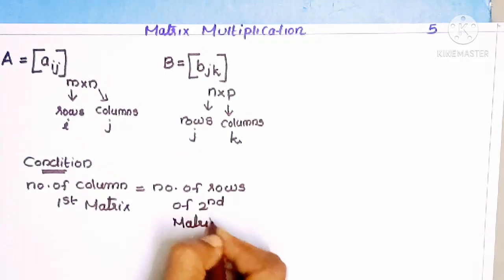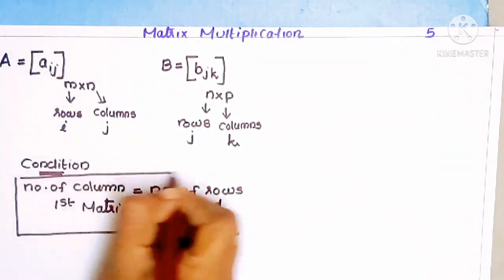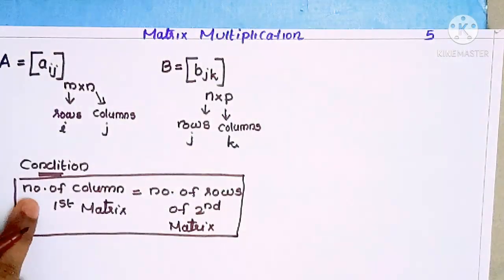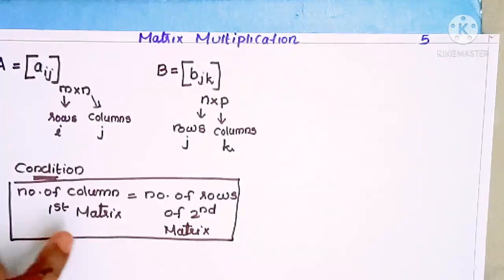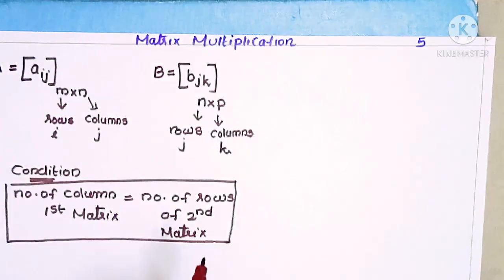This is the necessary condition of matrix multiplication. What is the necessary condition? The number of columns of the first matrix should be equal to the number of rows of the second matrix.